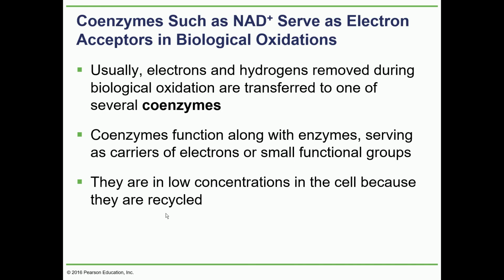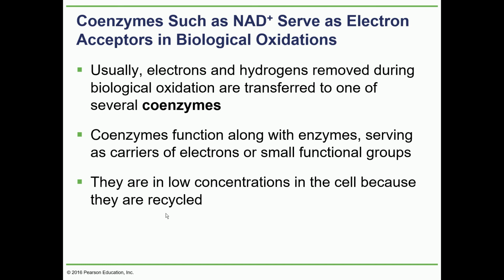These coenzymes get reduced, and then they deliver the electrons to the electron transport chain in the inner membrane of mitochondria, where they get oxidized. These electron carriers, NAD plus and FAD, carry electrons from the different stages of cellular respiration and deliver them to the inner membrane of mitochondria.